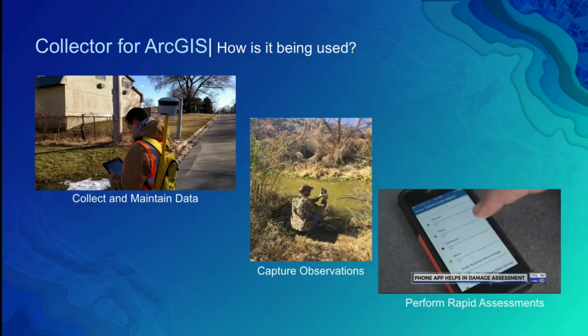Second picture there, and use is capturing, I'd call it really unstructured data. It's observations that need to be made. In this instance, it's actually on the border between Canada and Mexico. No, I'm just kidding.